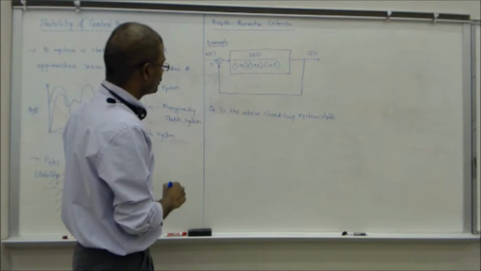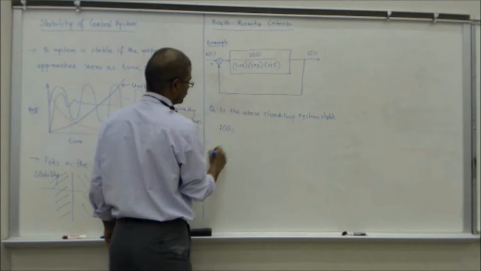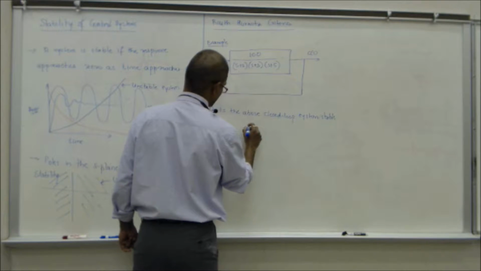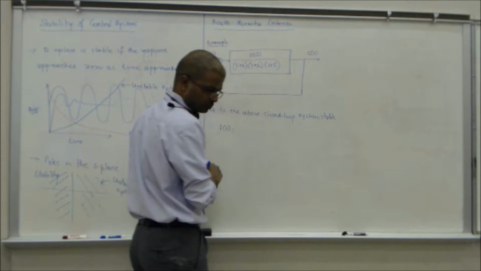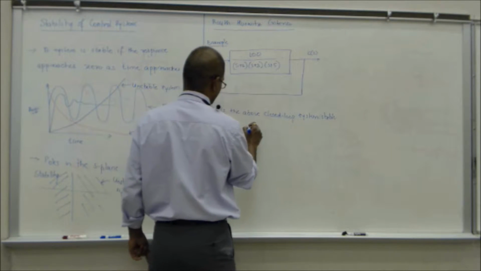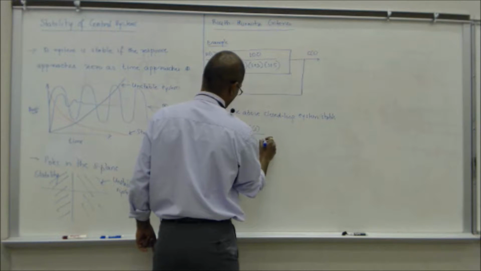The first thing you need to do is determine T of S, which is G of S over 1 plus G of S H of S, right?